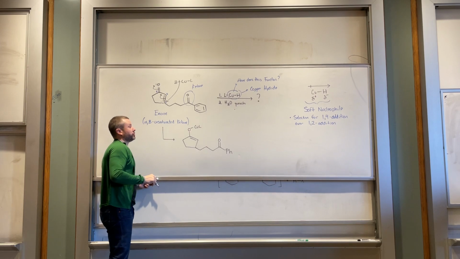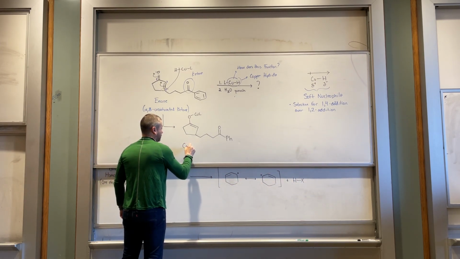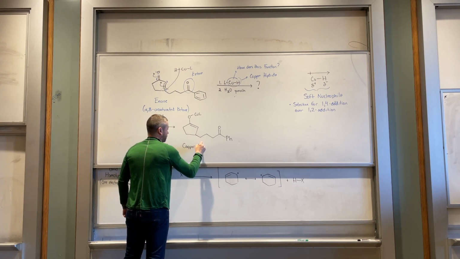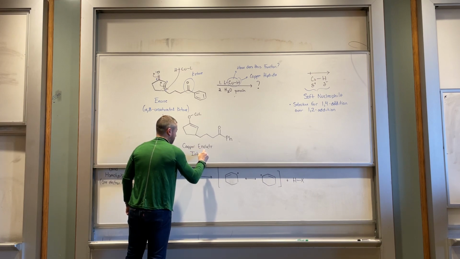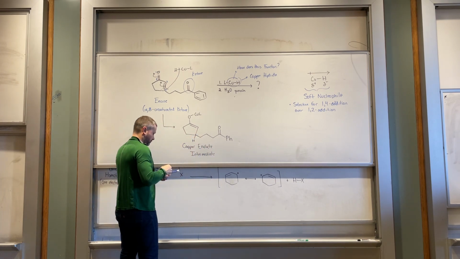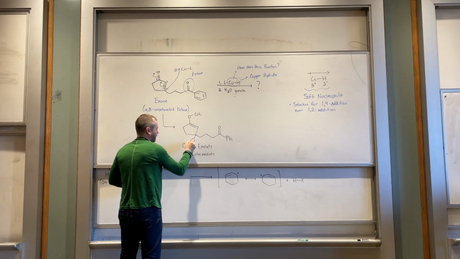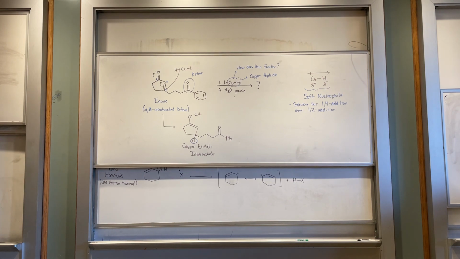And what is generated is this enolate intermediate. And here's the hydrogen that was just transferred to the 4 position.